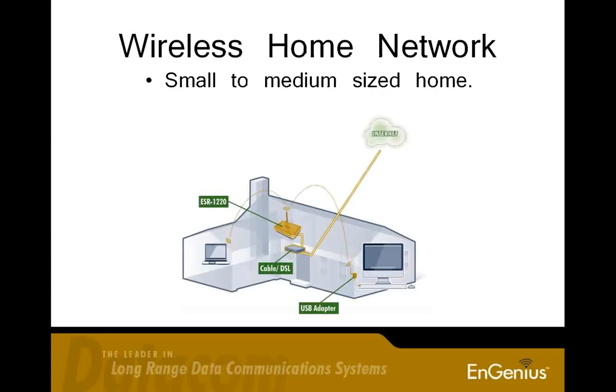Now here's a very simple wireless network, the type of network that you would see in a home. In this example, we have an ESR 1221 EXT acting as a wireless router. As you can see, a wireless laptop or a computer with a wireless network adapter can connect to it.